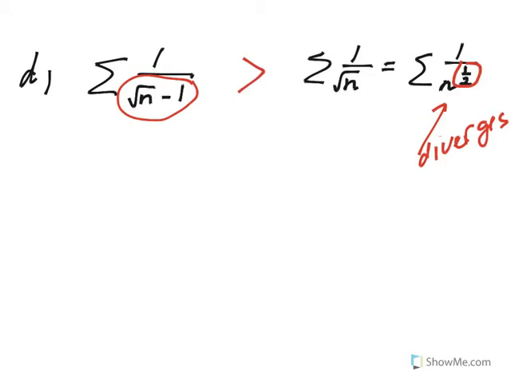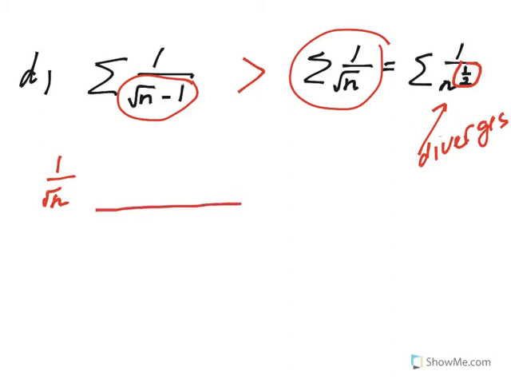Now, what happens? Let's say this is 1 over square root of n, the one we compare it to, and it's smaller, so it's under the green one, which is 1 over square root of n minus 1. The red one is below.